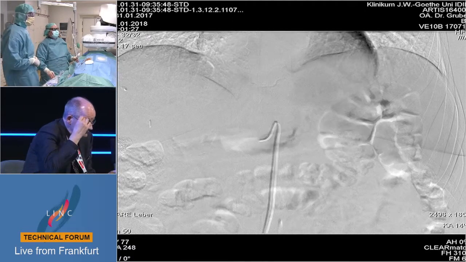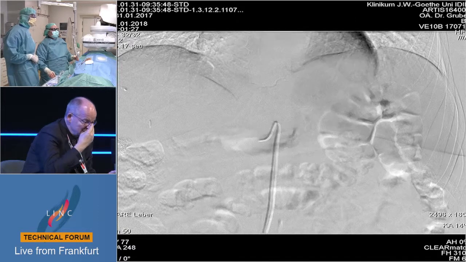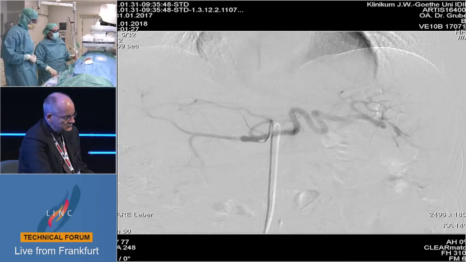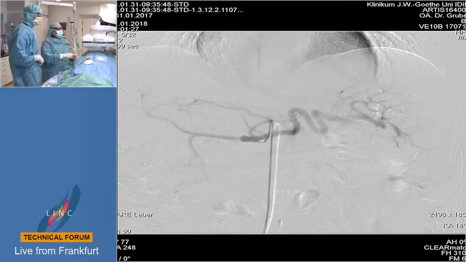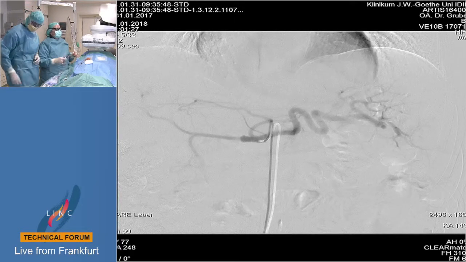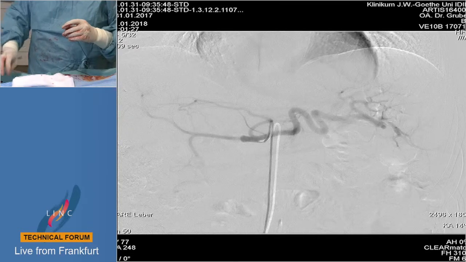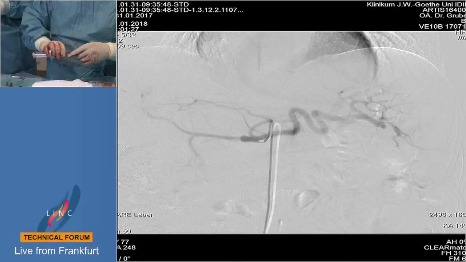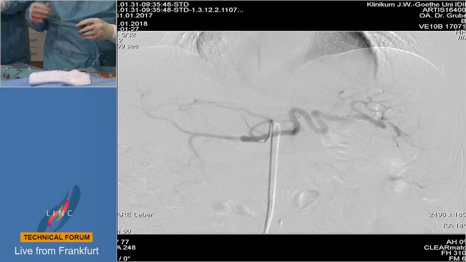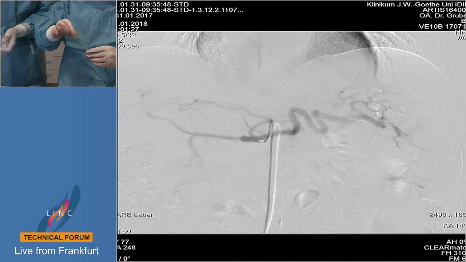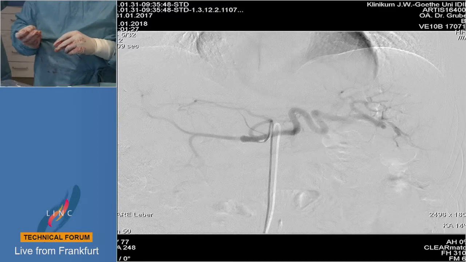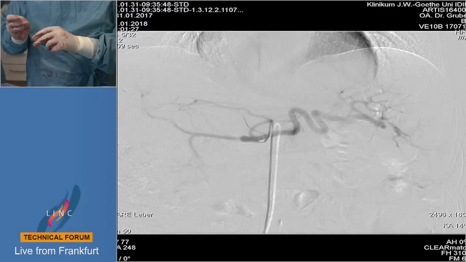This is a DSA and this is an indirect portography, for detection of the celiac trunk and indirect portography for pooling of contrast medium in the spleen with contrasting of the portal vein, and in the portal vein there is thrombosis.